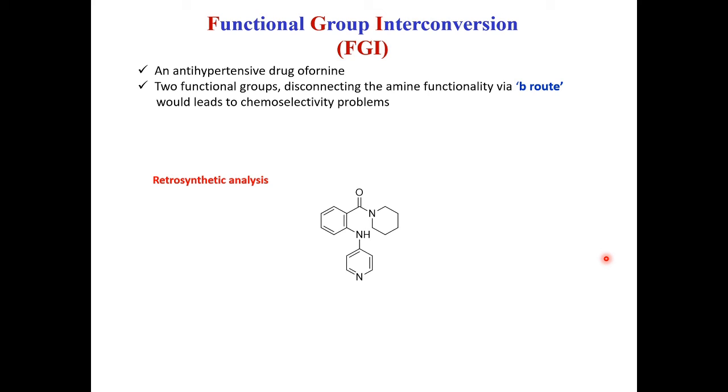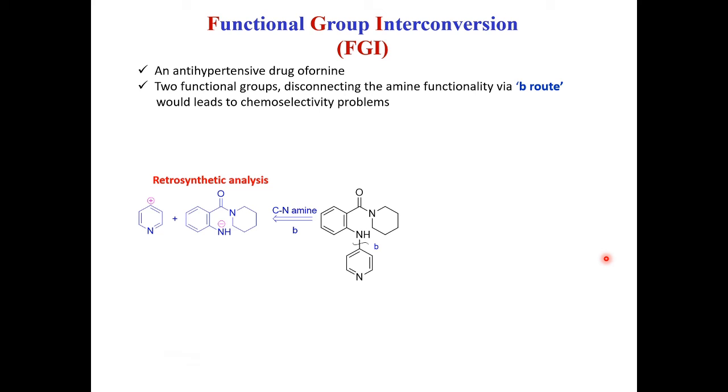So we need to find out the possible disconnections. First of all, we will go by guideline 2. Since our molecule has a heteroatom, we will cleave the bond next to the heteroatom. So let's have the D cleavage. When you cleave this C-N amine bond, you will get these fragments.